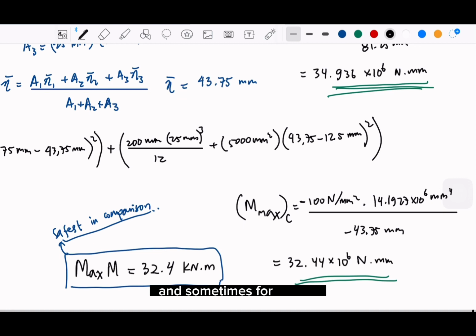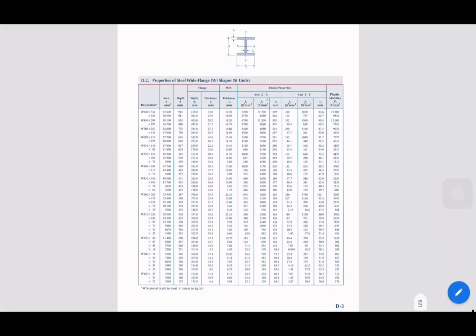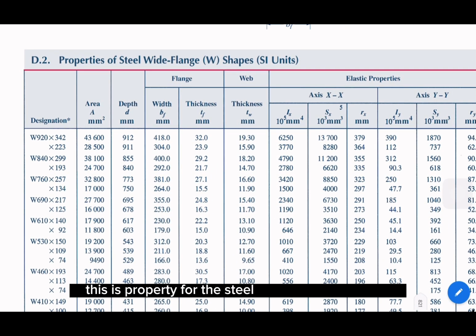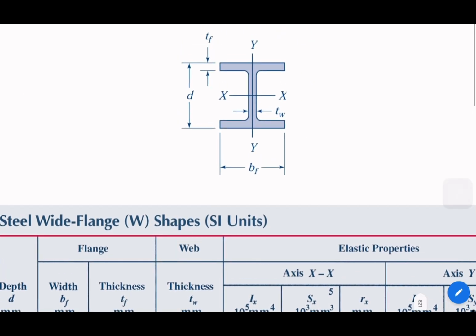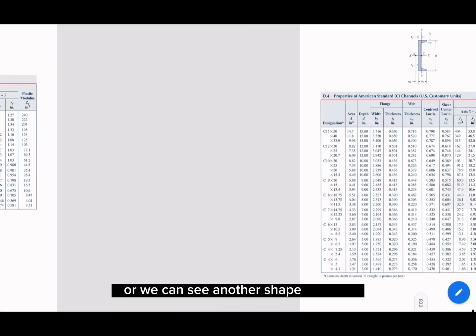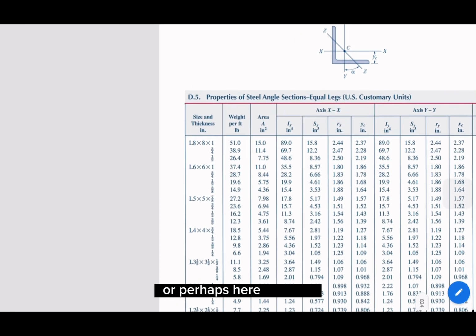And sometimes for beams, we have some criteria that has been, we say, standardized. Okay. So if I take you to, for example here, this is property for the steel or wide flange shape, which means that this is going to be like this. Okay. Or we can see another shape like this, or perhaps here like that.